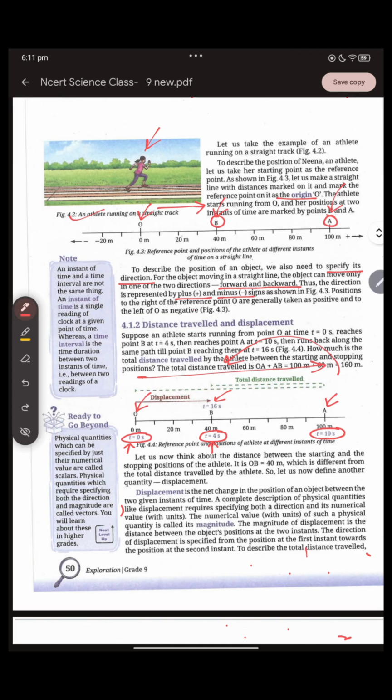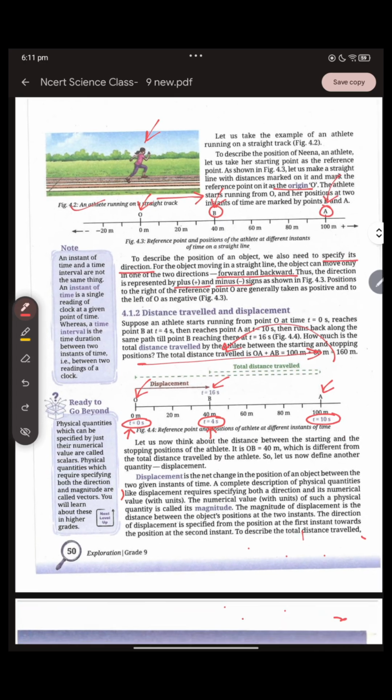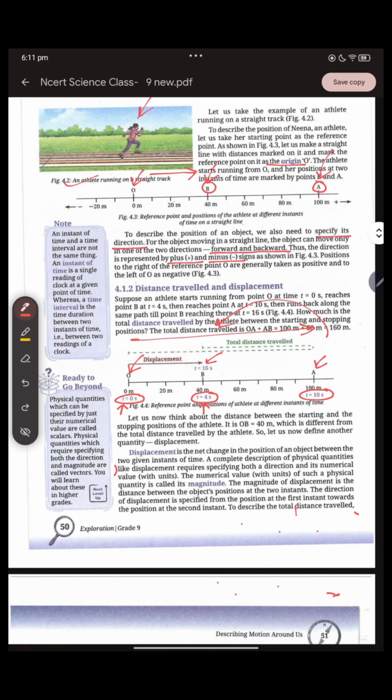How much is the total distance traveled by the athlete between the starting and stopping position? Starting position is O and stopping position is B. But stopping at B means the athlete has traveled distance OA and again AB. Then only B is the final stopping position.